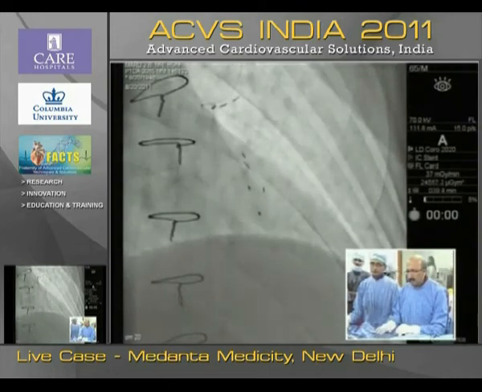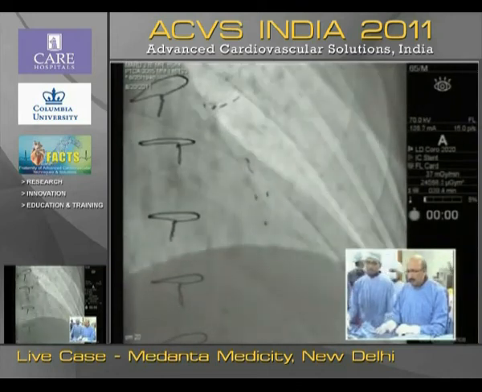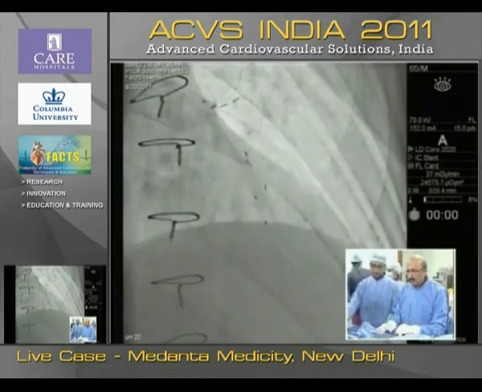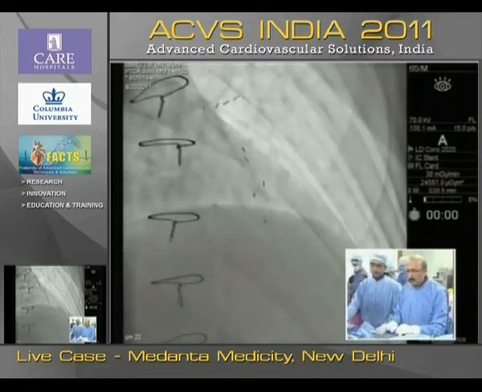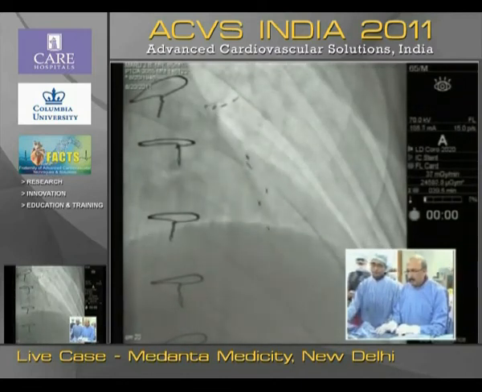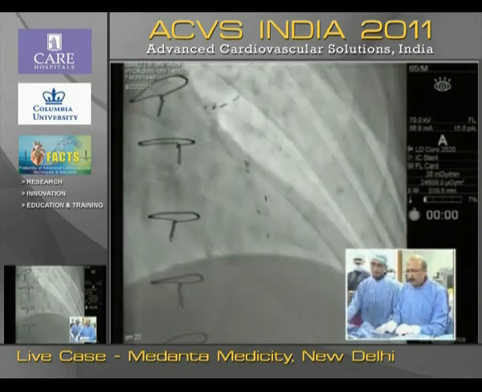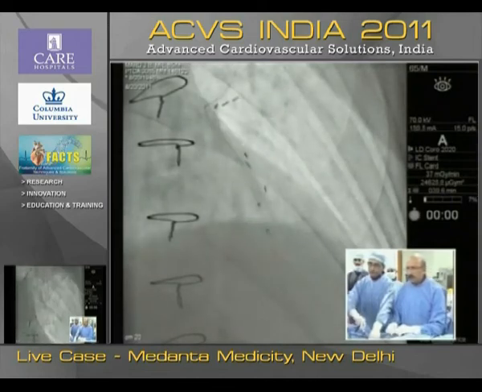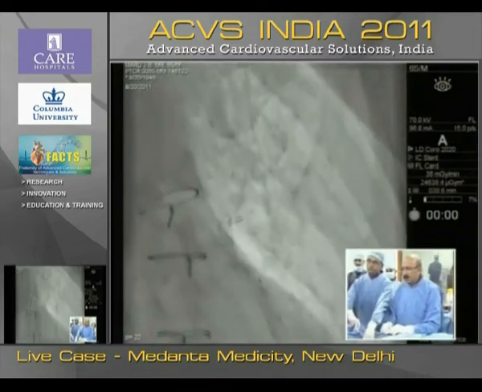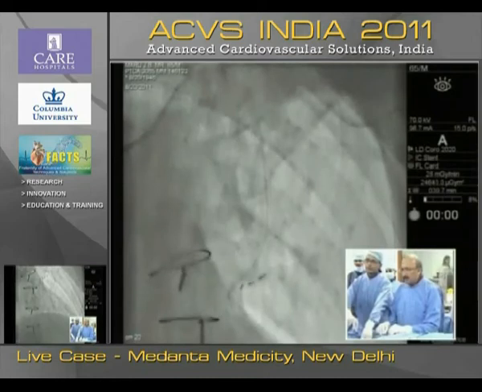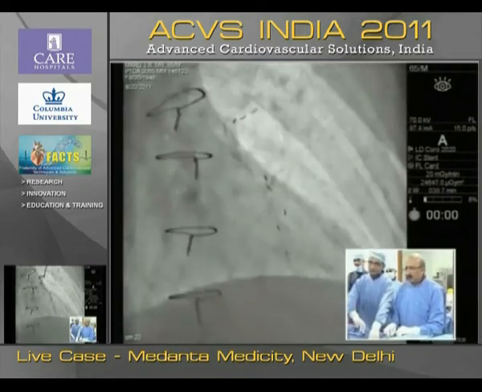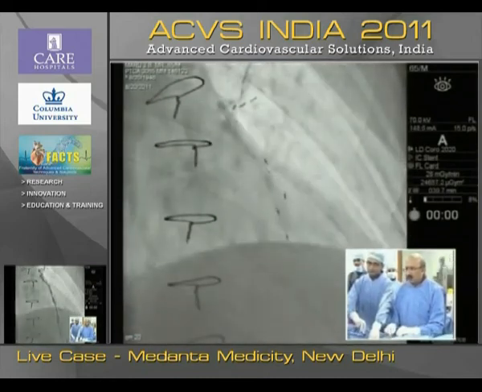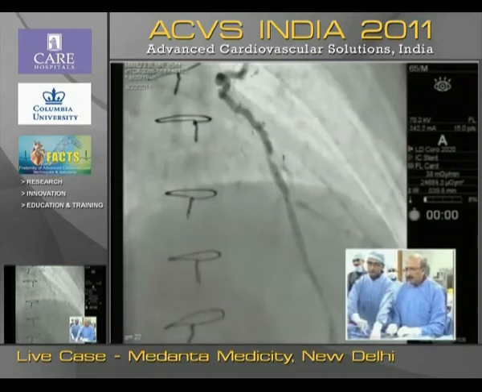Here you see it is not crossing very easily, so we'll keep pushing slowly. Okay, check please, check. No, we have to go quite distally actually.